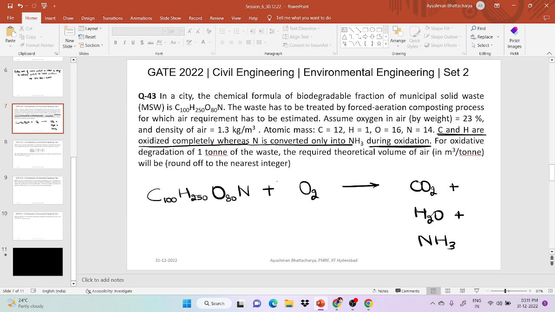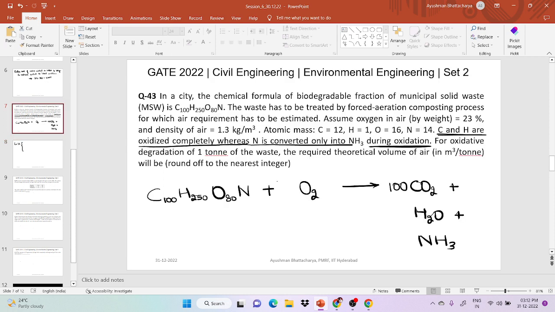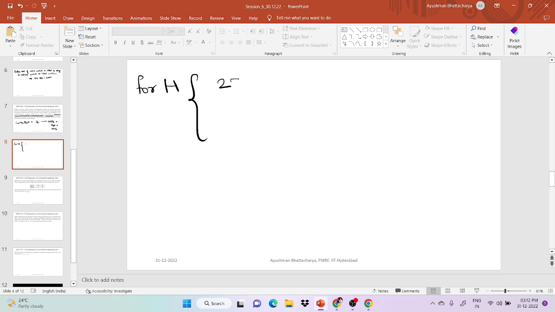First, C is 100 here, so on the right it will also become 100. H is 250. So how can we balance it now? For balancing H, the left hand side is 250, which equals the right hand side.